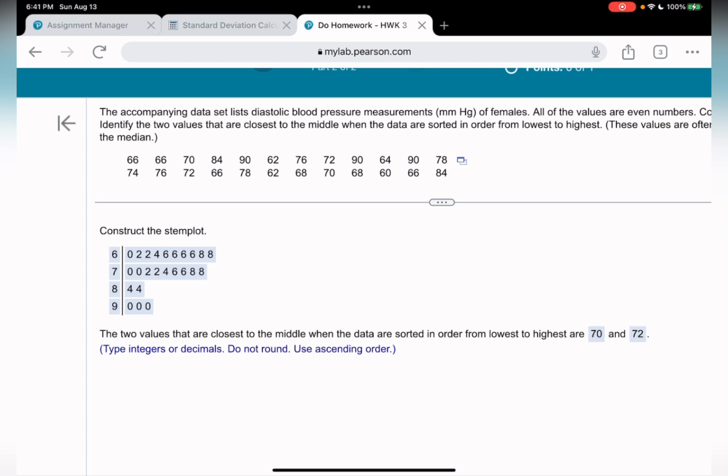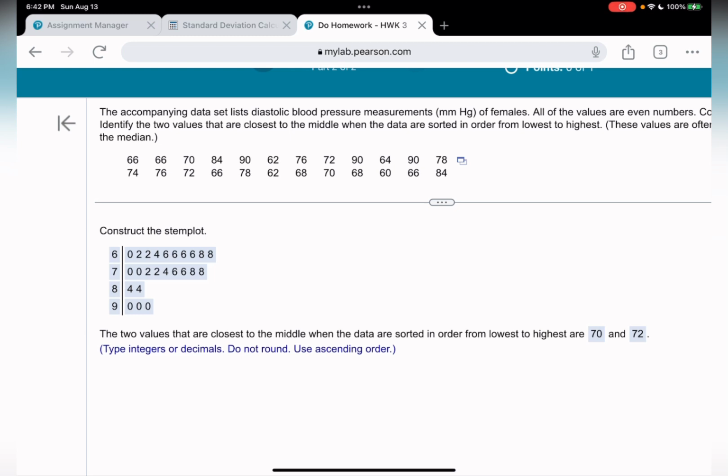Because we have 24, which means I'm going to take one number lower than 12, it's going to be the 11th number, and the next number higher than 13 is going to be the 14th number. Now, how are we going to count the 11th number? We have 60, we counted how many? 10, 61, 0, 2, 2, 4, 6, 6, 6, 6, 8, 8, 10 numbers.